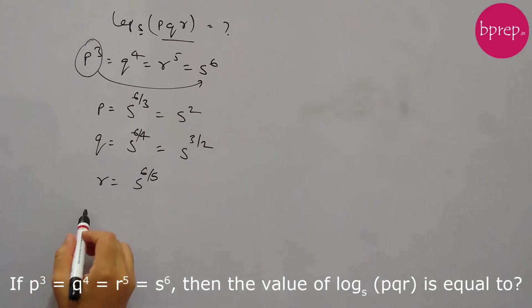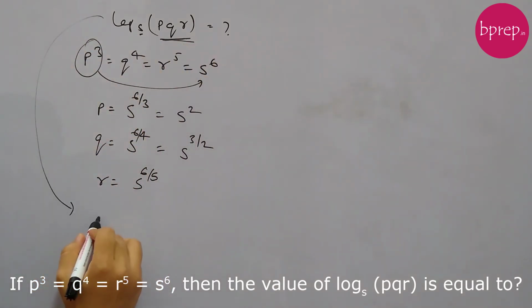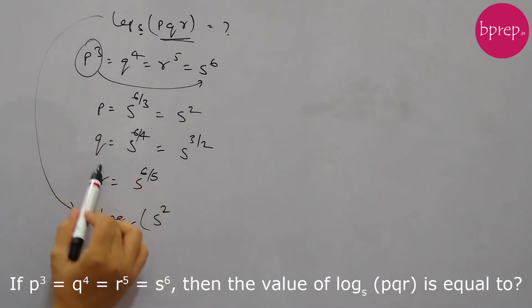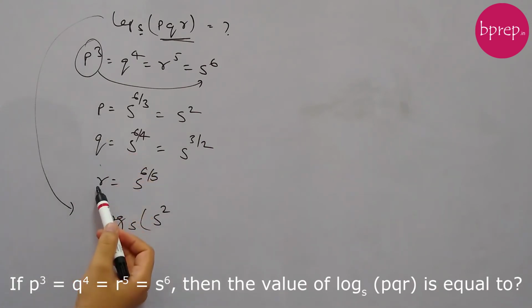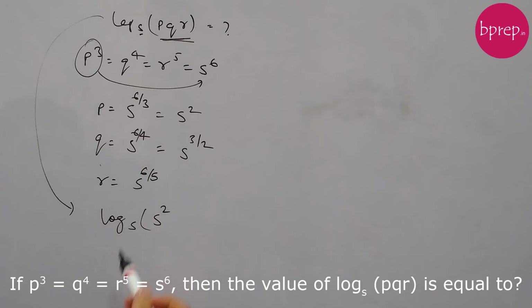So now the log, we have got PQR, so this can be rewritten as log of base S. P is what? S to the power 2. And now here we have multiplication of P, Q and R. So when they are getting multiplied, if we represent P, Q, R in terms of S, we can add their powers.